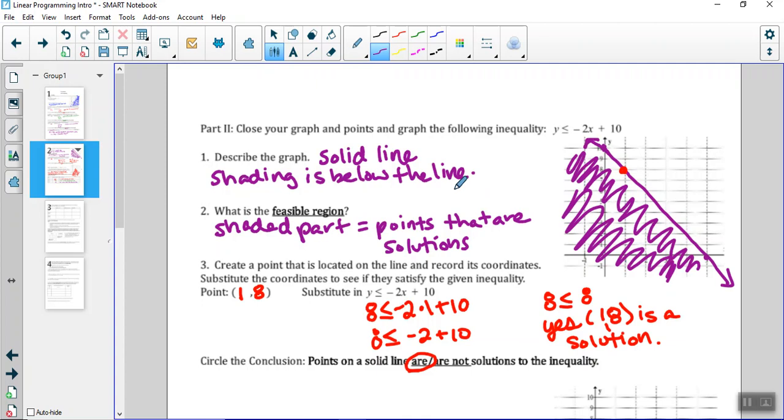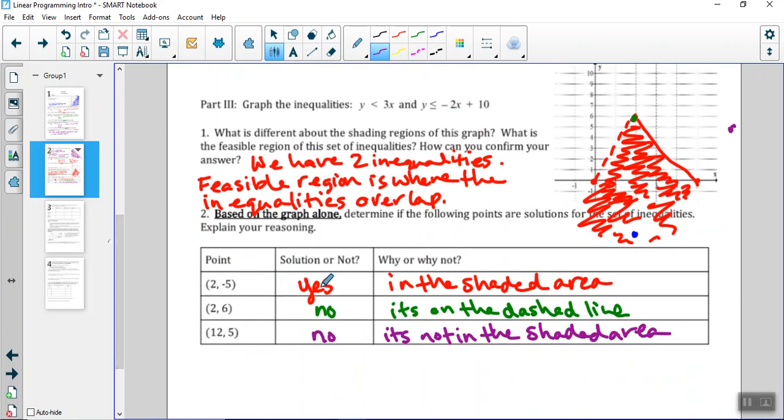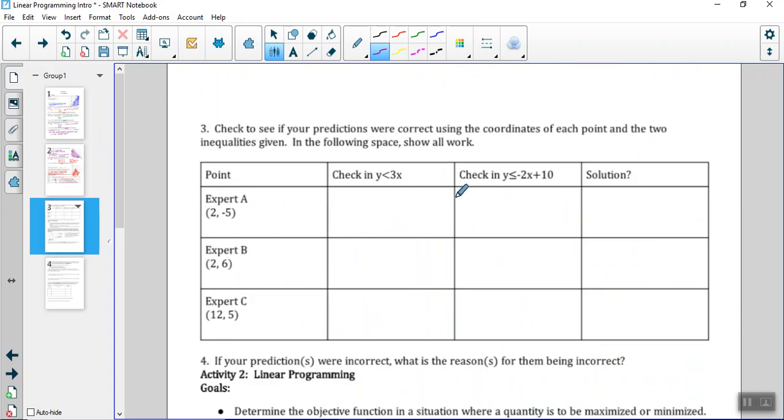Our prediction, based on the graph, was yes, (2, -5) does, but we're going to check them just to be sure. Remember, this is your x and your y. So I'm going to have -5 is less than 3 times 2. I get -5 is less than 6, so that checks out.